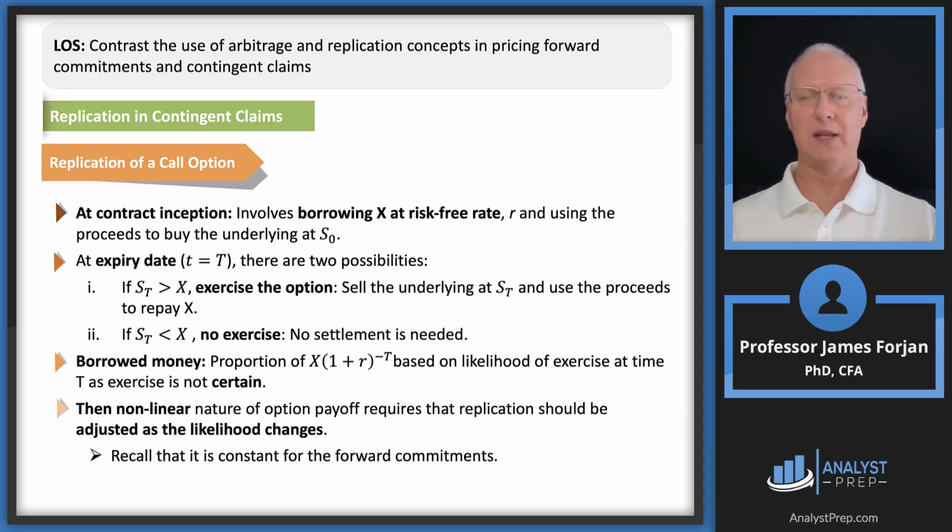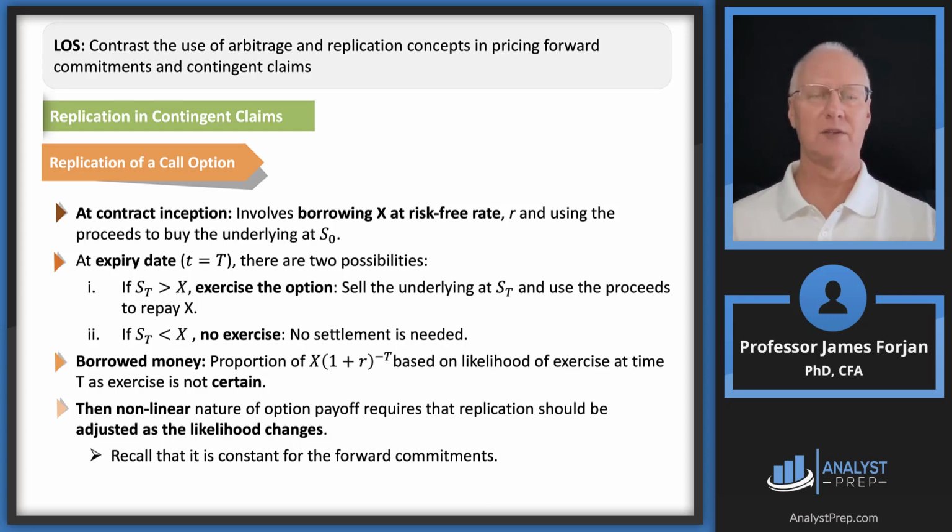All right, so what happens? At the expiration date, there are two possibilities. The stock price can either be above or below the exercise price. Now remember, this is a call option. So if the stock price exceeds the exercise price, we exercise. We'll sell the underlying stock and then use the proceeds to repay X. If the stock price is less than the exercise price, we're out.